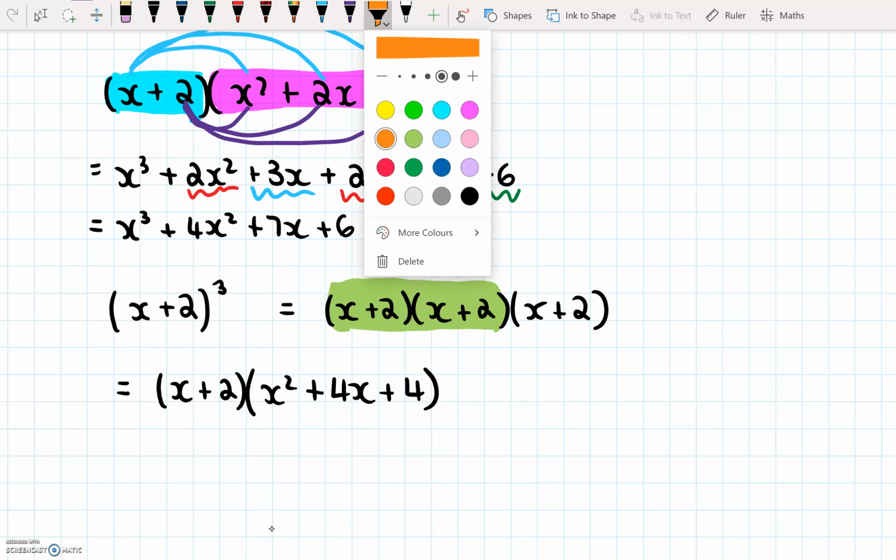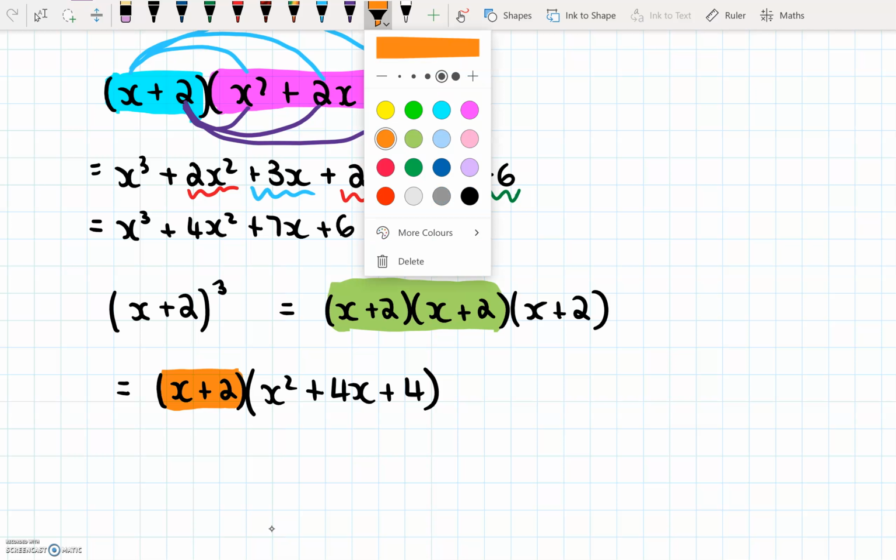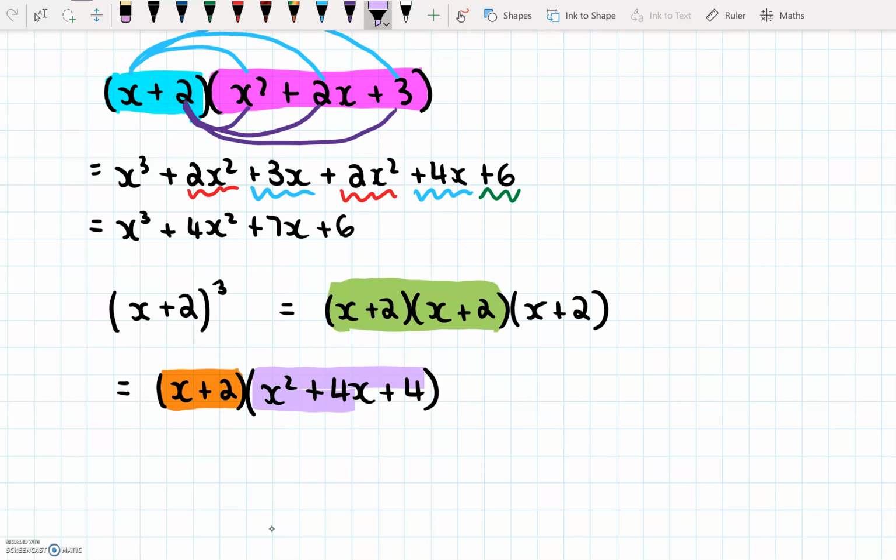Now what we have is again two products. One has two terms and the other has three. So this factor has three terms inside the bracket. So this is another case where we have to be more careful with our expanding.